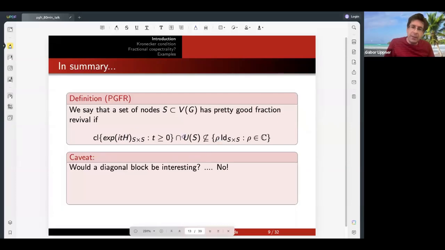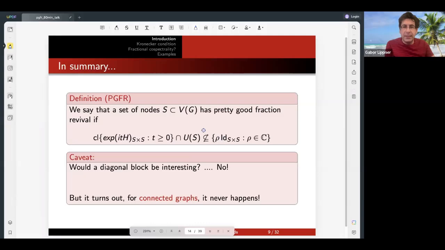Basically, once you know that there is a unitary matrix that is not a scalar multiple of the identity in this corner, it automatically follows that there will also be a non-diagonal matrix in this closure.